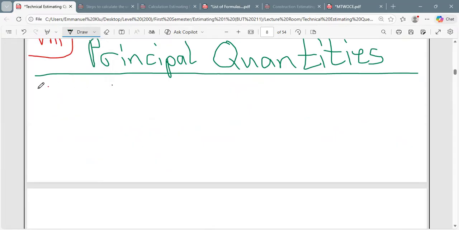So let's start. The first is the area to be cleared.